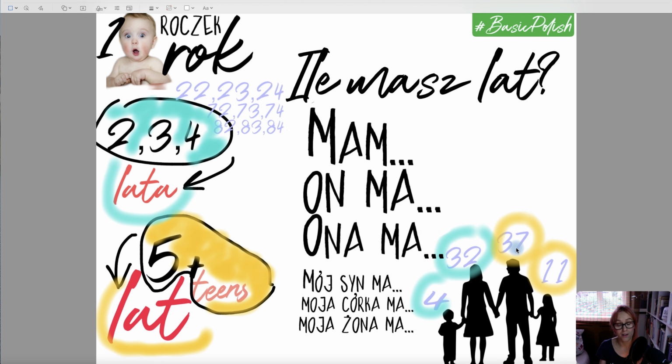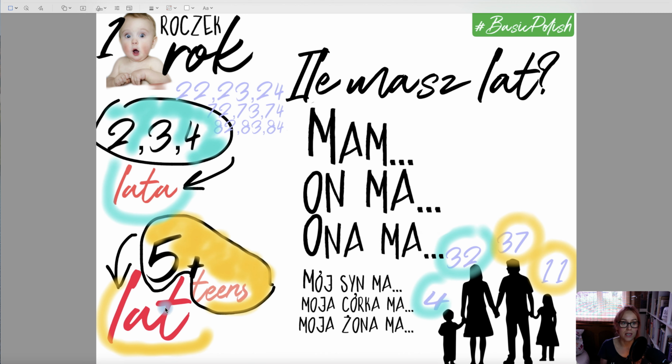"On ma 37," we are here now, above 5, "37 lat." Okay, and let's do this one. She's 11, and we are here, hint, hint. "Ona ma 11 lat."